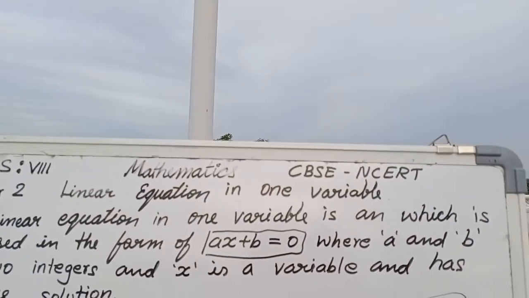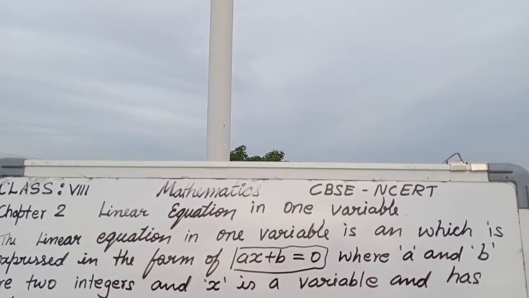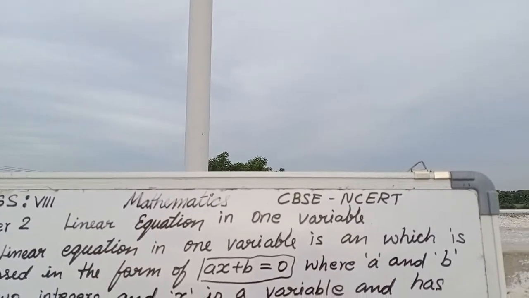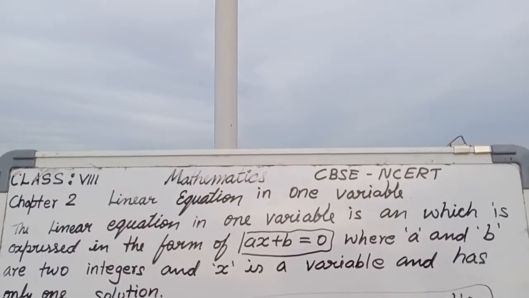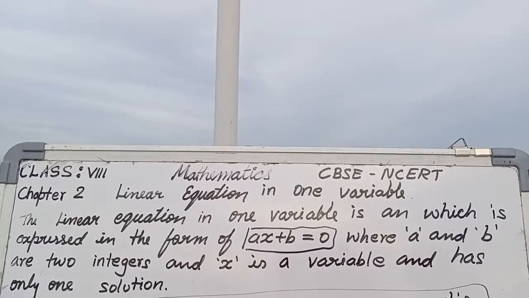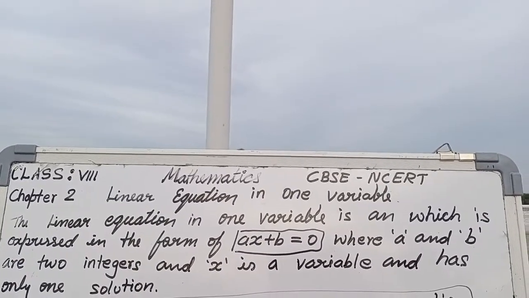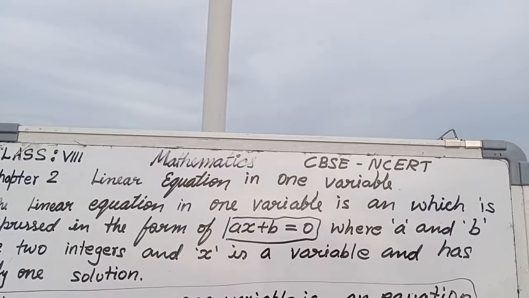A linear equation in one variable is an equation expressed in the form ax plus b is equal to 0. Here, what are a and b? a and b are two integers and x is the variable, and it has only one solution.